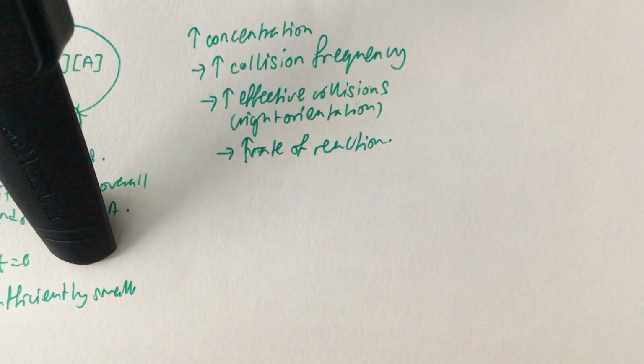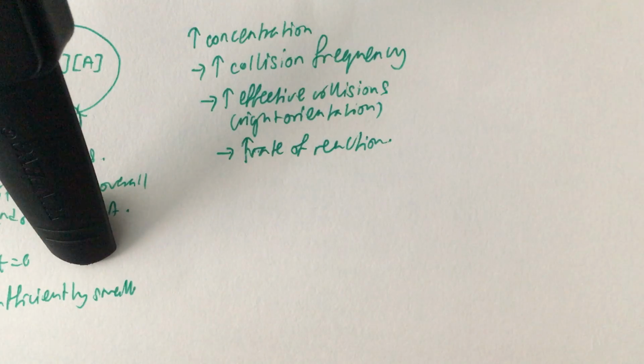Because of that, there's a higher frequency of effective collisions, which means the right orientation and actually colliding in a way that creates a reaction. So the reaction will happen a little bit faster because there's a higher frequency of collisions.